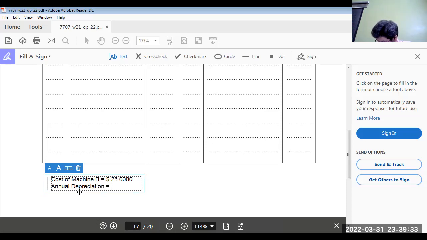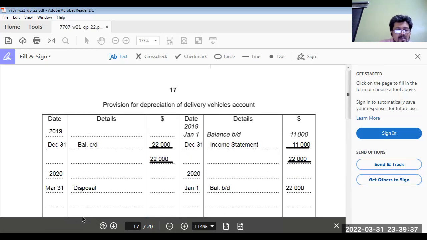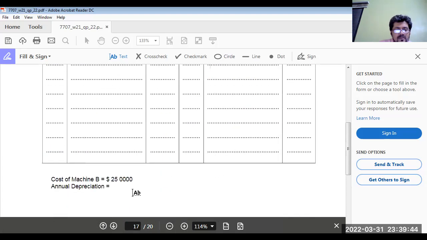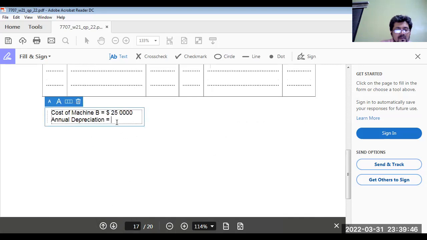I think 20%. So 25,000 multiplied by 20% is equal to 5,000. Done. Okay.